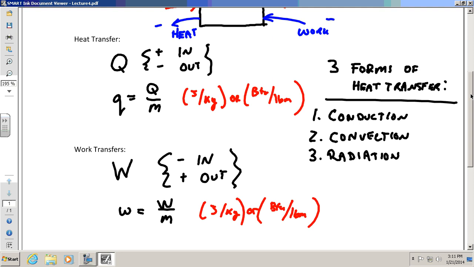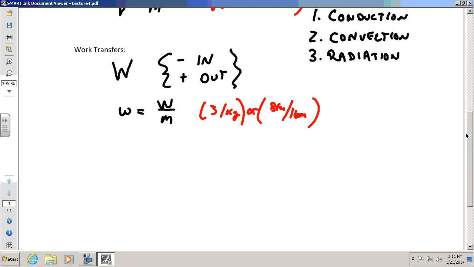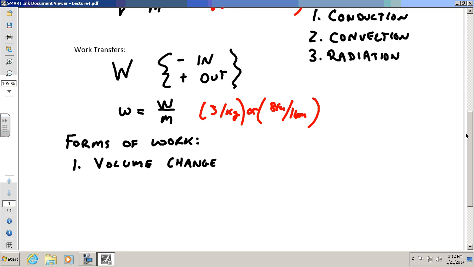Okay. Now, real quick, I want to go through some forms of work that we're going to see. One, you get work every time you have a volume change. Okay?